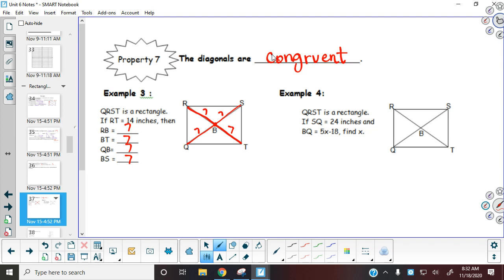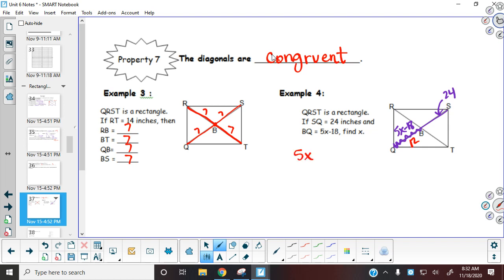Now, if we look at example number 4, I'm going to let you guys work through this and see if you can figure out your answer. Okay, for example number 4, you know that SQ is 24. You also know that BQ is 5x minus 18. Because the diagonals bisect each other, we can know that QB is 12 because it's half of that 24.